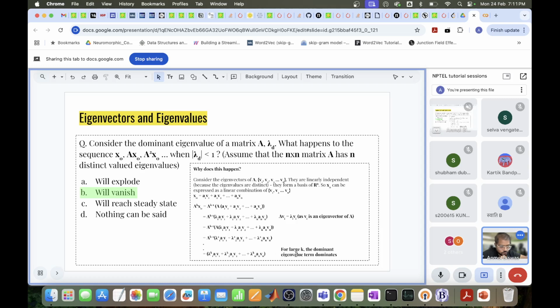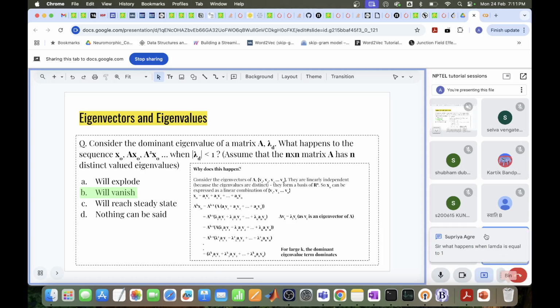And if k is large enough, the dominant eigenvalue term, which is the lambda d term, will basically dominate over all the other terms, right? So it will overpower everything else, and only that particular term will determine what the value will be.